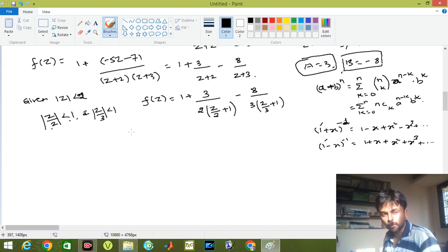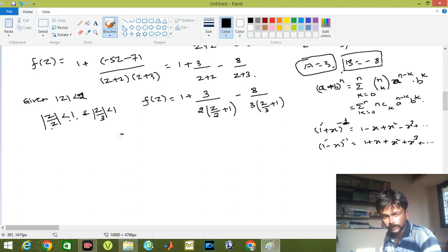So I have brought these 2 to the denominator by taking these 2 common outside. I have brought these 3 in order to make this as 1, so that I can take these 3 outside. But you should not take the z to the denominator of the denominator. That you have to keep in mind.